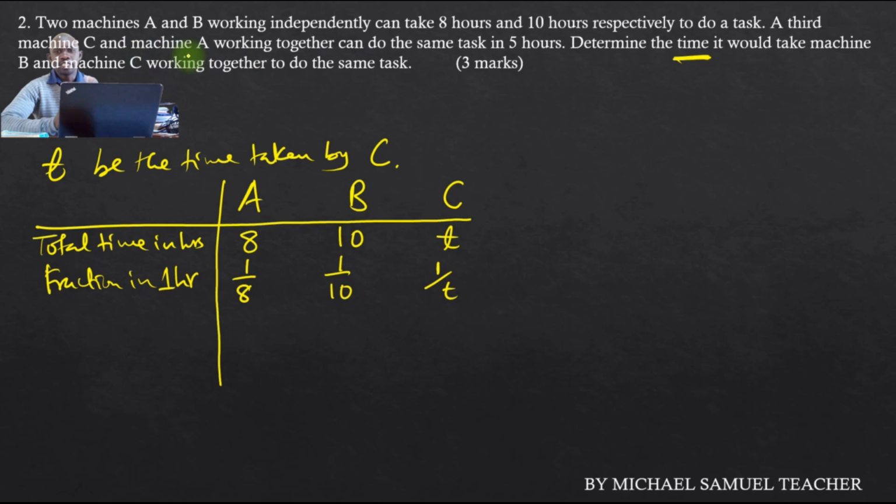You can see now that C and A working together can do the same task in 5 hours.